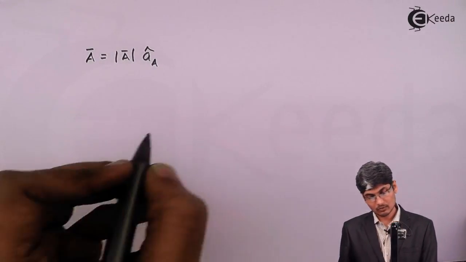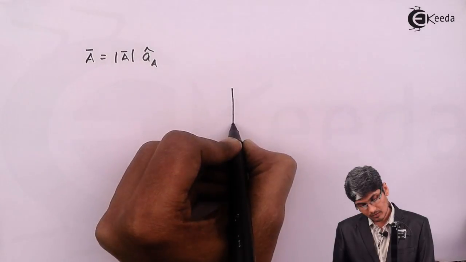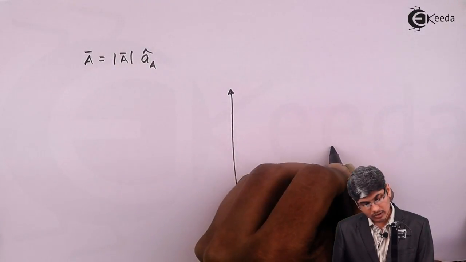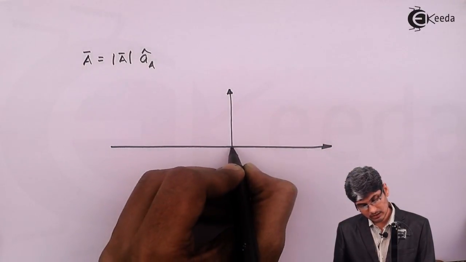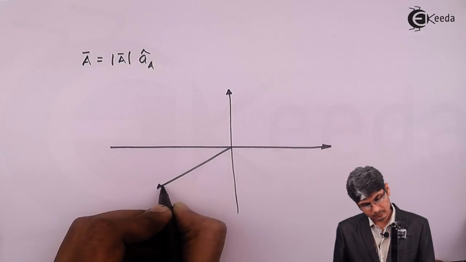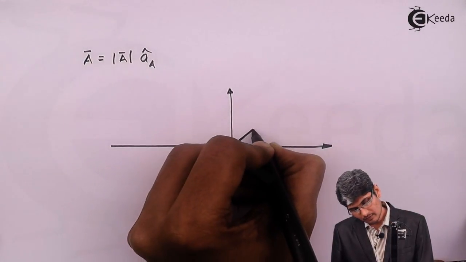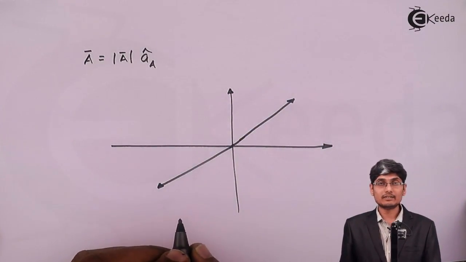the x-axis. Let's say I now have three lines which are extending like this.